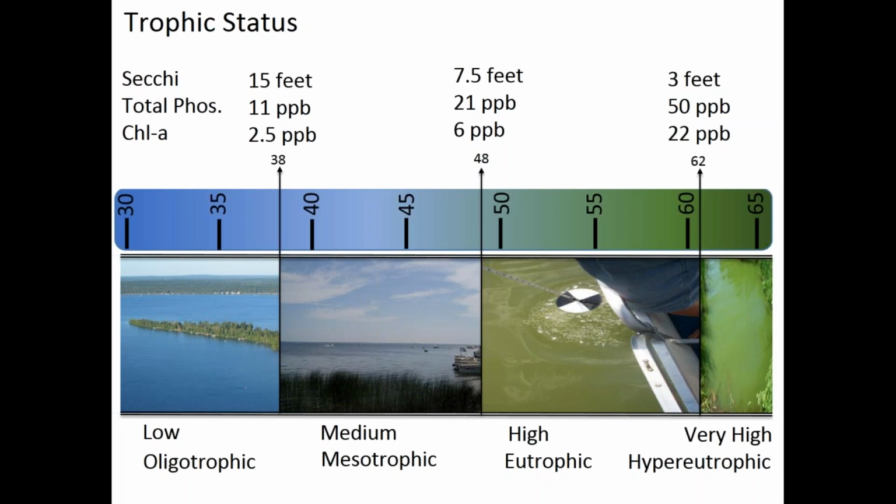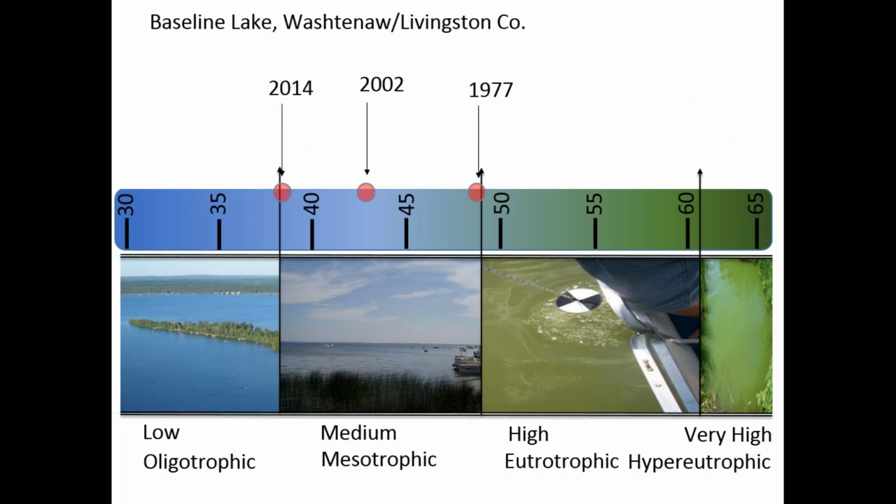So let's just see an example here. Baseline Lake is a lake pretty close to my house, and it's changed considerably over the years. In 1977, this is just Secchi for 1977 actually, they were right on that borderline between the medium and high. And as the years progressed, this lake put in a sewer system, which took a lot of nutrients out of the lake.